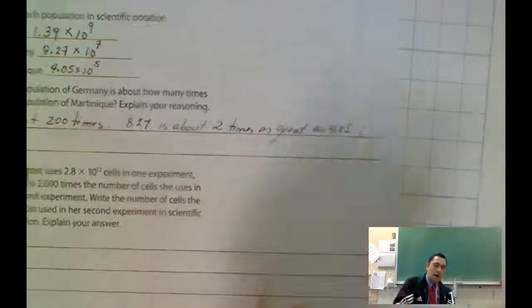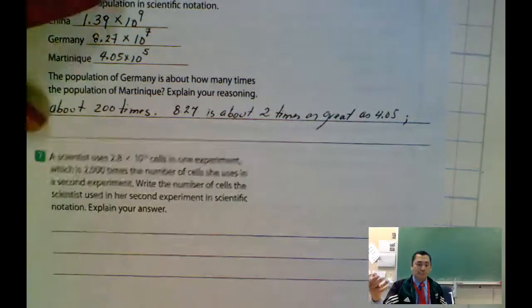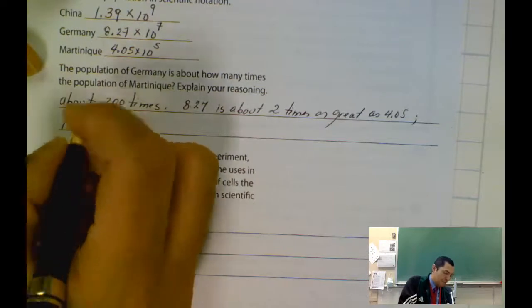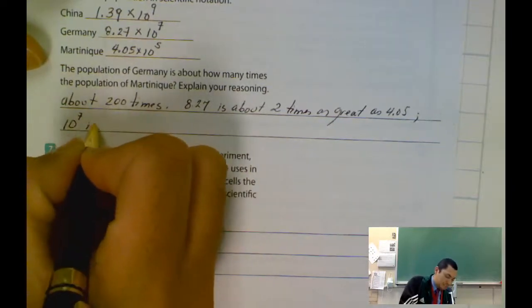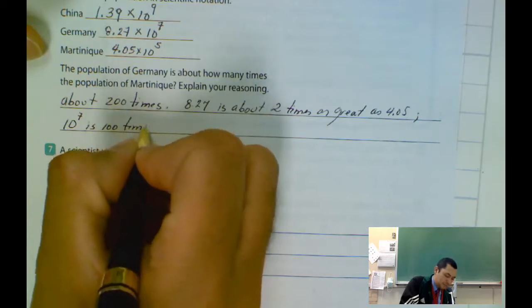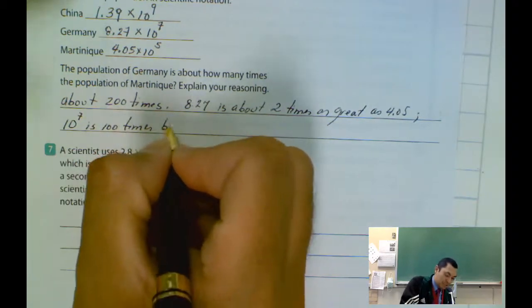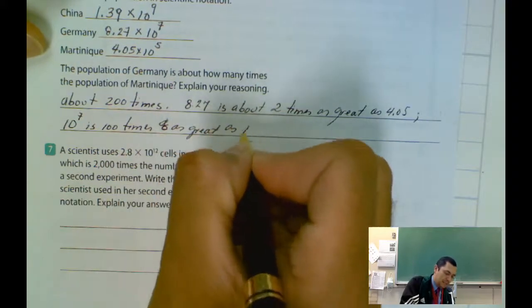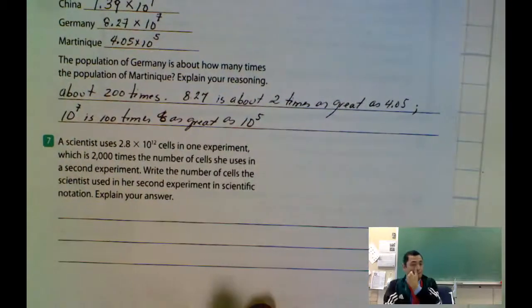Now, how do I know that it's 200 times? Because the exponents, in this case, 10 to the 7 is 100 times bigger or as great as 10 to the 5th power.